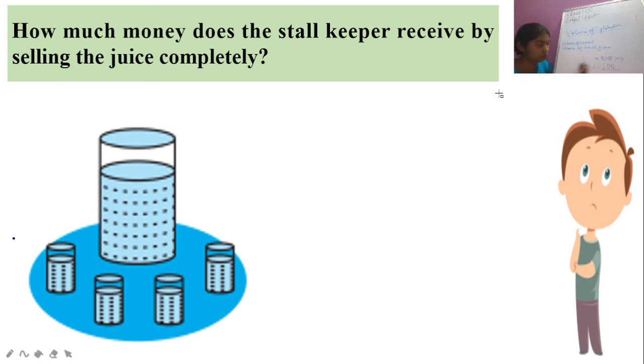So let's do it. For the cost, we will multiply the number of glasses, which is 100, into 15. So tell me how much rupees he will get at the end after selling all the juice.